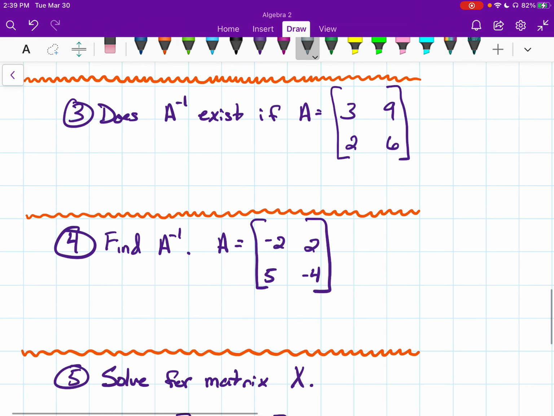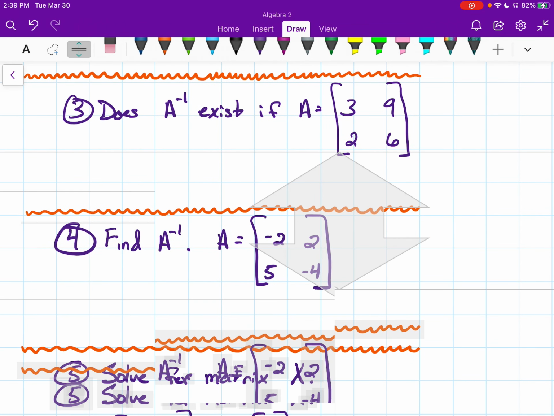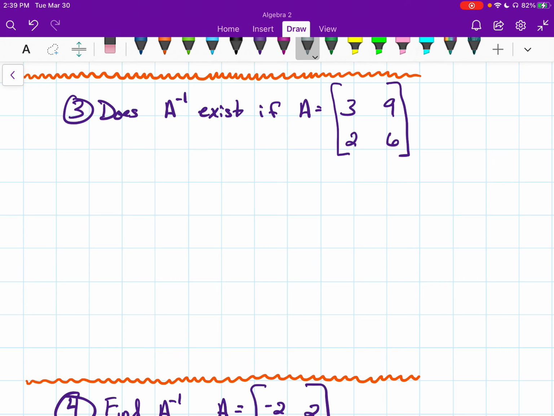All right, next up, it's asking us, does A inverse exist? This is a similar problem to number 2, the one that we just looked at, because really what it's asking here is, is the determinant 0? That would be another way to word this, to ask it. Because we know that if the determinant is 0, A inverse does not exist.